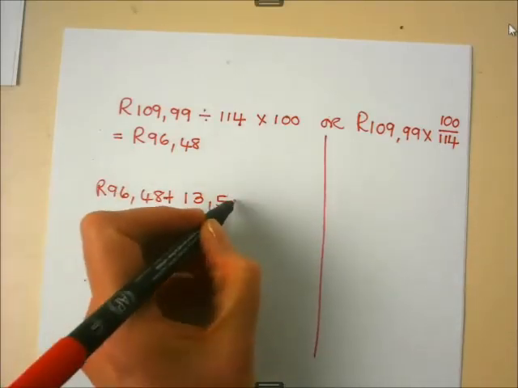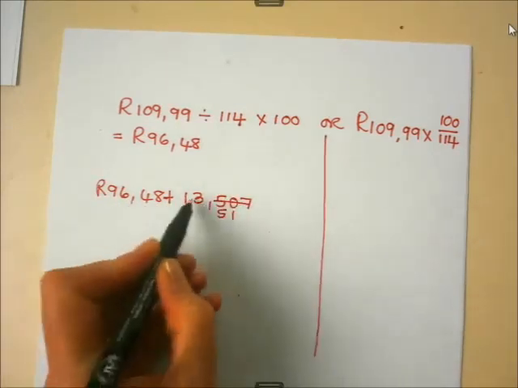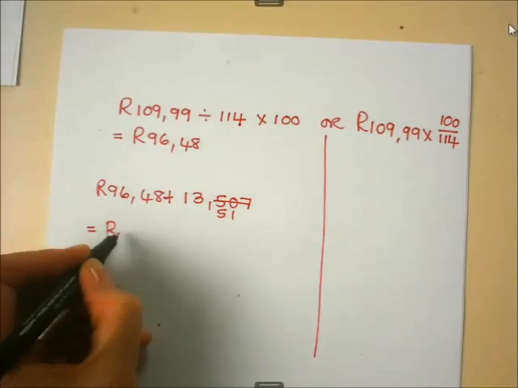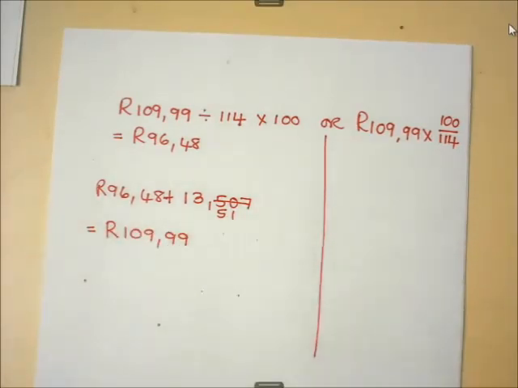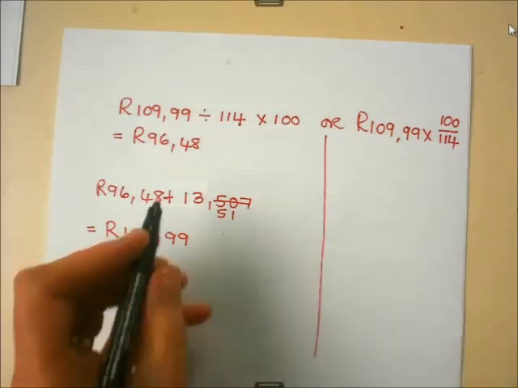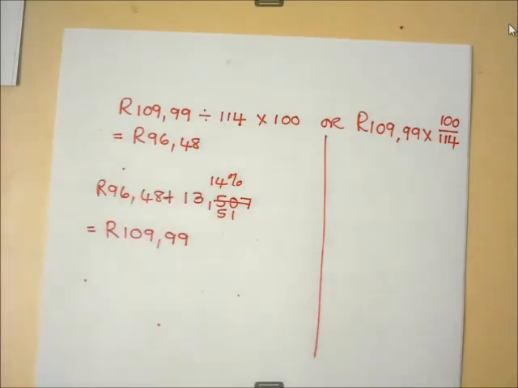It's 507, so we're going to make this 51. Now, 13 Rand 51. If we add that together, we're going to get to 109 Rand 99 if we round it off to the second decimal. So you can check it, because this is the 14%, and this is before VAT was added.